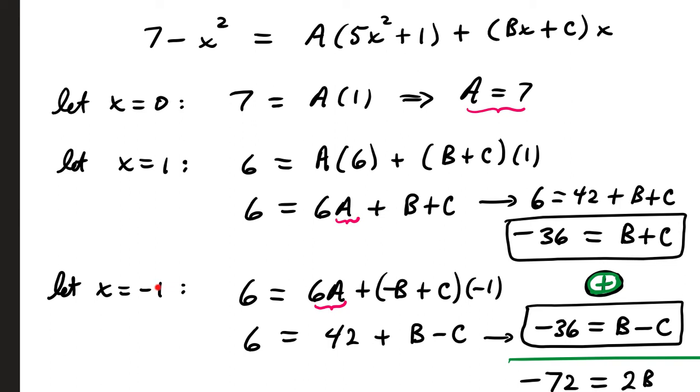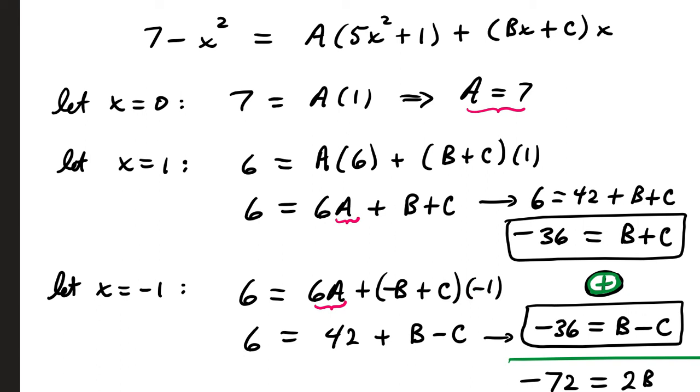Pick a different x value, sub it into the equation. I chose negative 1 because it's easy to work with. You can pick other numbers like 2 or negative 2. Just pick unique x's to sub in. Substituting in negative 1, we're going to get 6 equals 6a. Because x is negative 1, that's negative b plus c times negative 1.